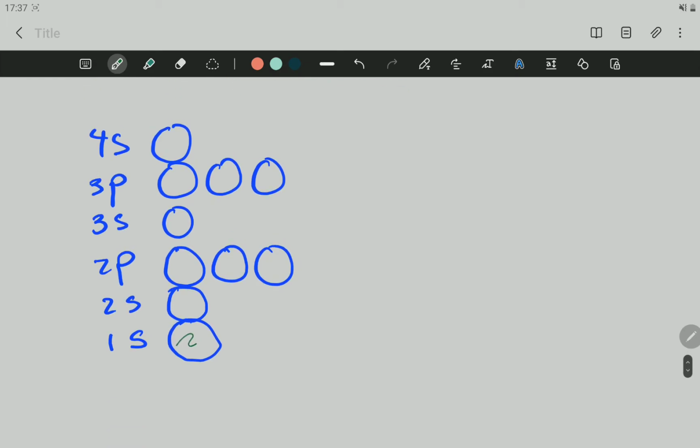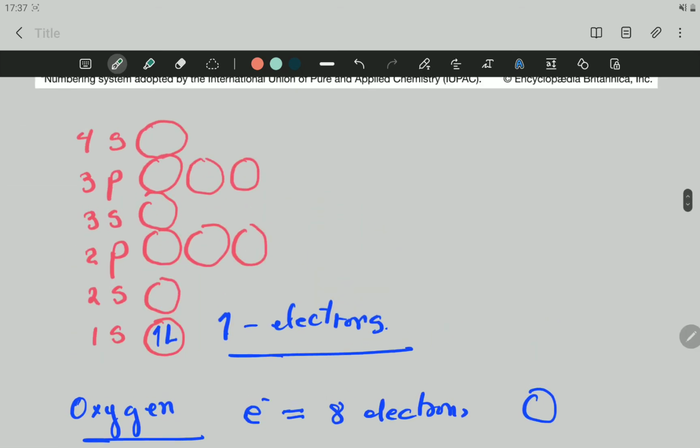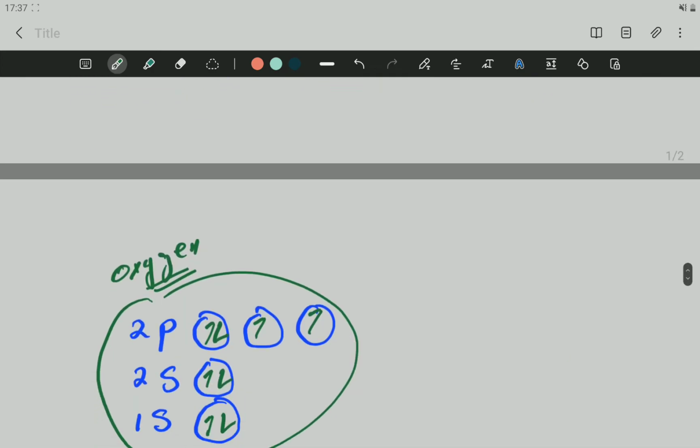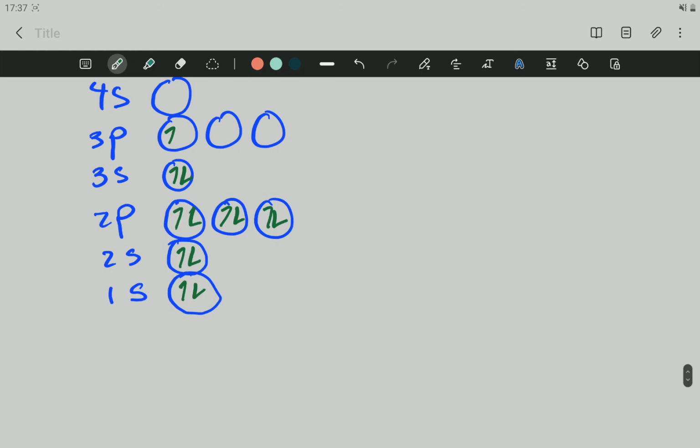Starting with 1s, we count 1, 2, 3, 4, 5, 6, 7, 8, 9, 10, 11, 12, 13. This is the Aufbau diagram or orbital box diagram for a neutral atom of aluminum.